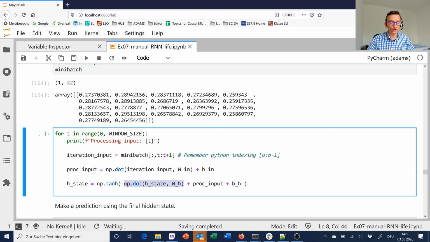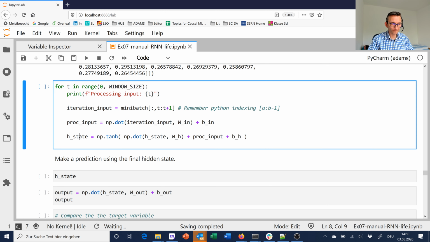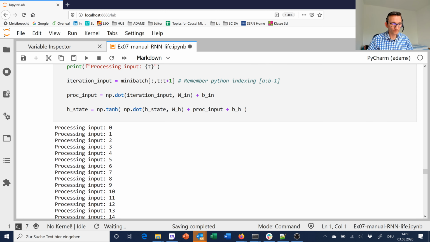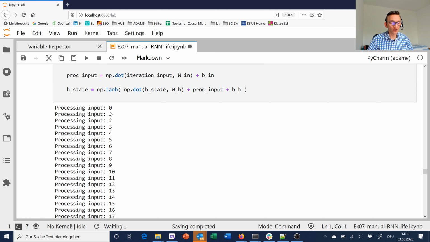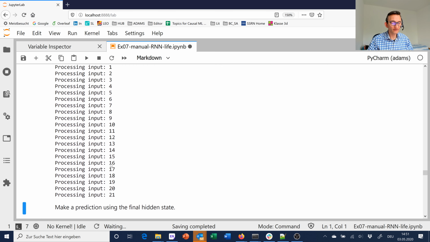And you see this recursion here, how the hidden state depends on whatever was stored previously in the hidden state. So we really have this accumulation of information in the hidden state. We see how our RNN now eats through the time series all the way to the end, 0 to 21.